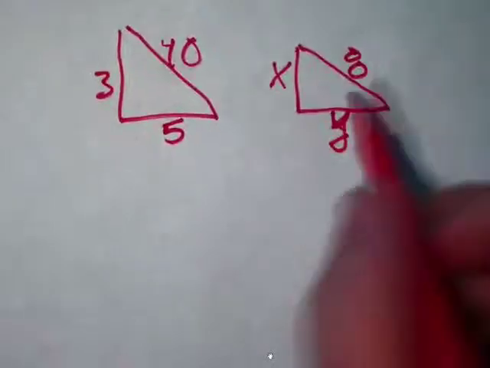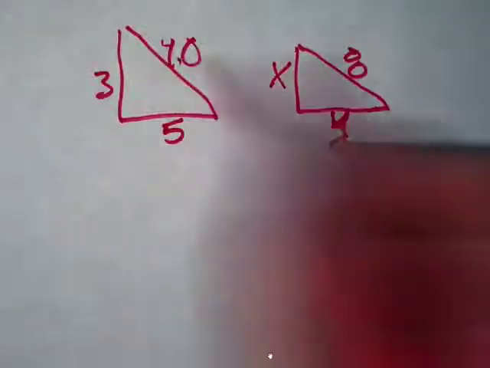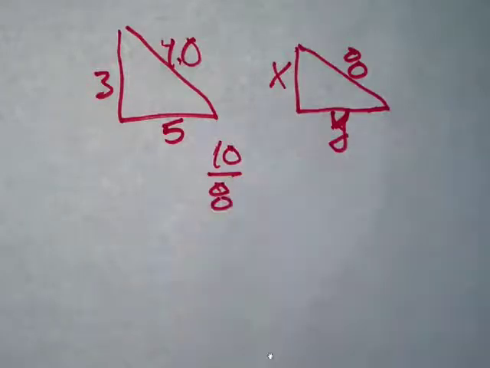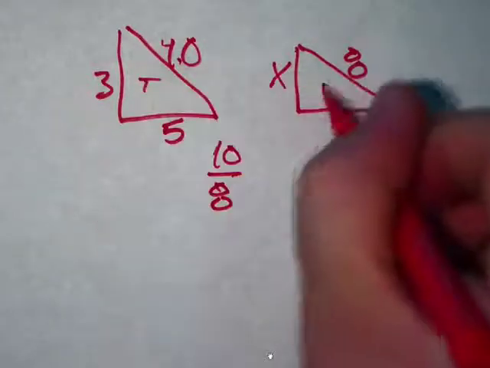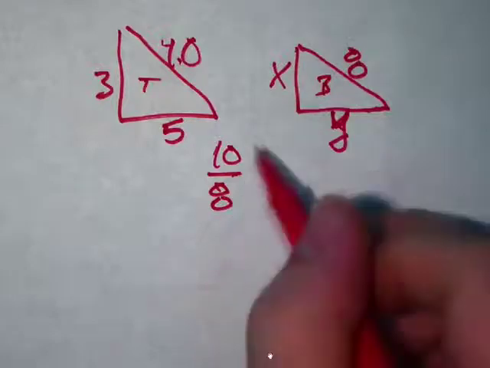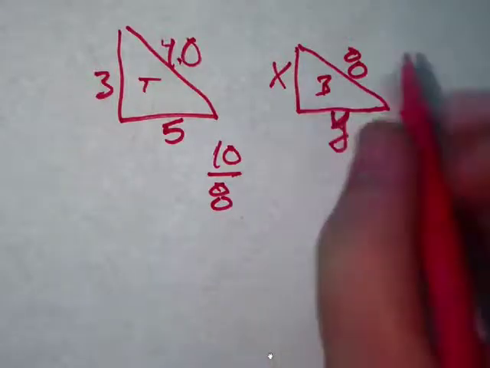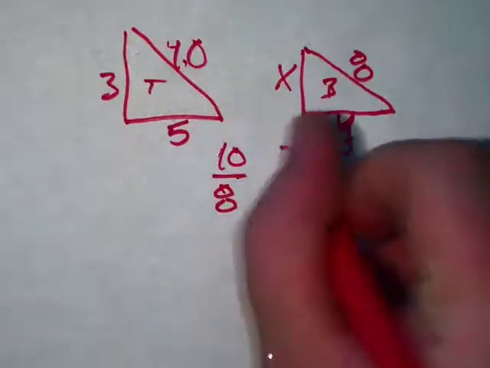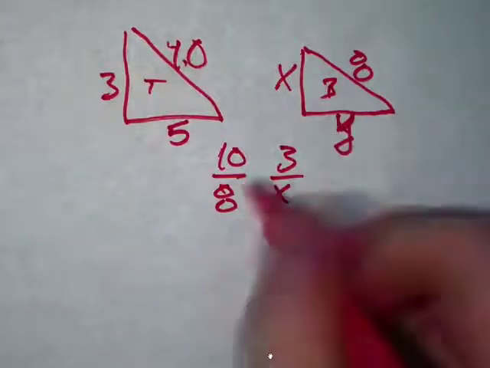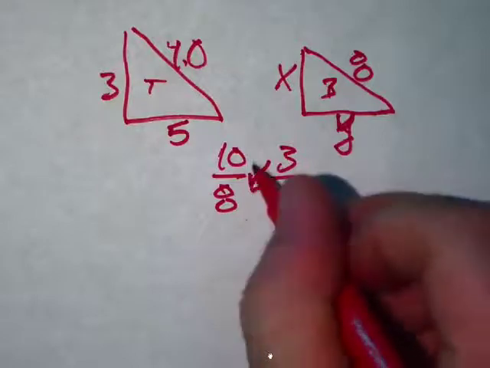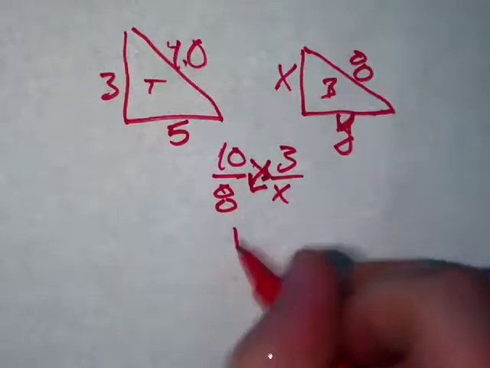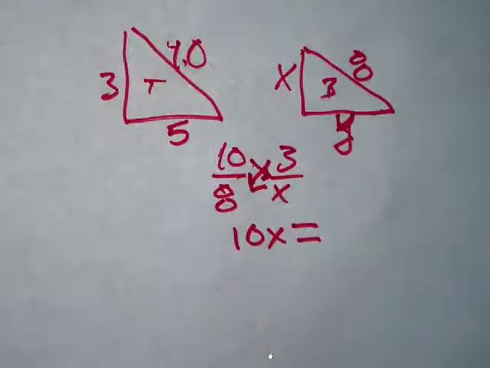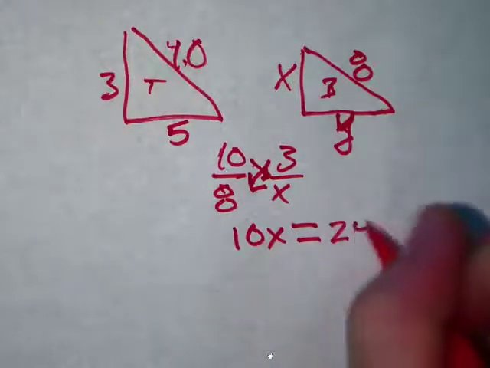By doing that, I can say, all right, 10 is to 8. So we're going to make that one our top and that one our bottom. 10 is to 8 as 3 is to X. And then we cross multiply, and we're left with 10X equals, and 8 times 3 is 24.